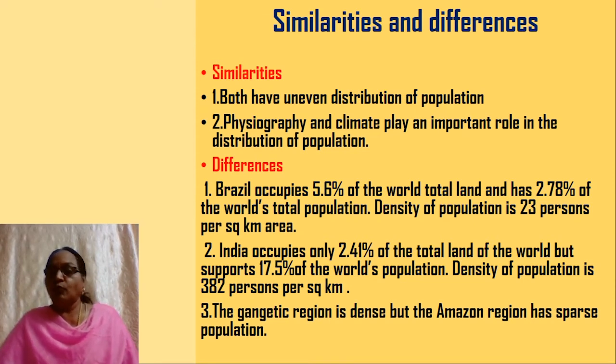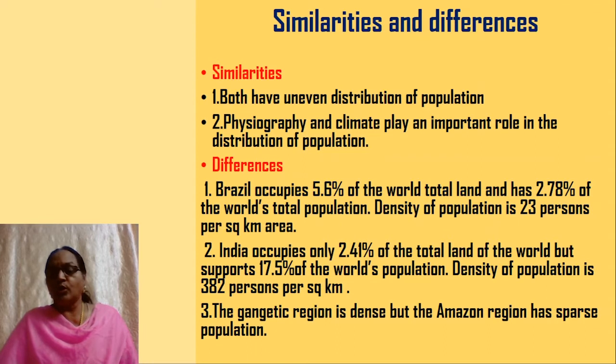Now, we've already studied distribution of population in Brazil and India. Now let's come over to similarities. We've already seen the distribution, so it is very easy for us to find the similarities between these two countries. The distribution of population in both India as well as Brazil is highly uneven.